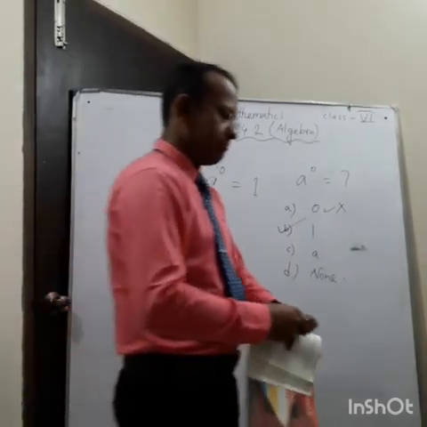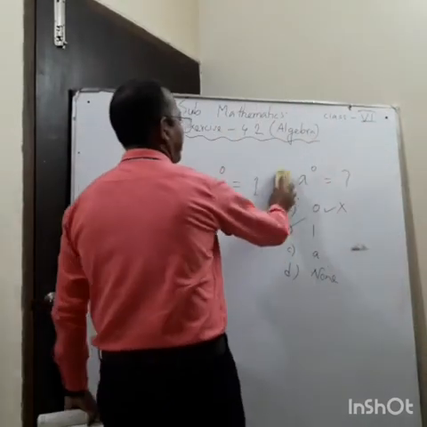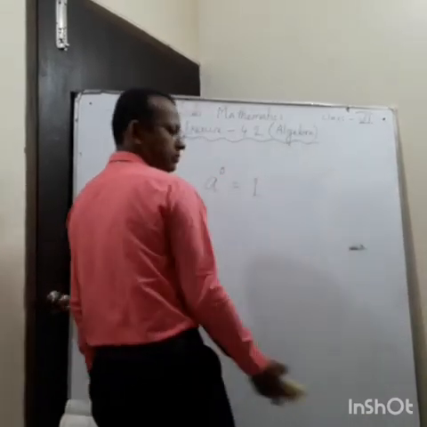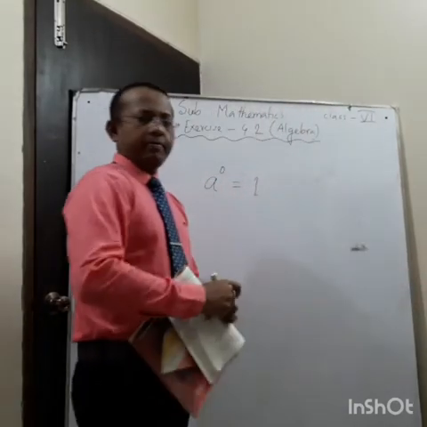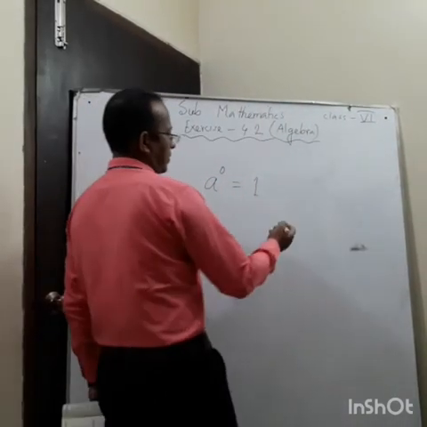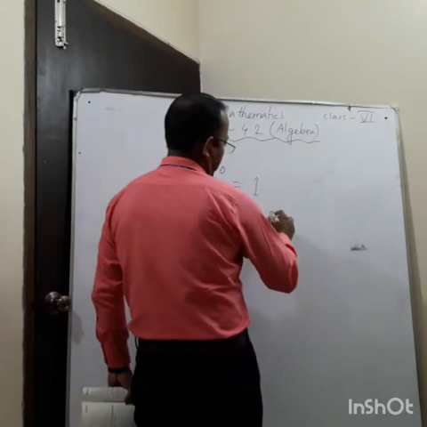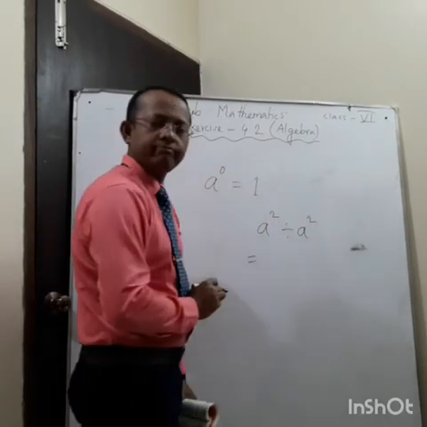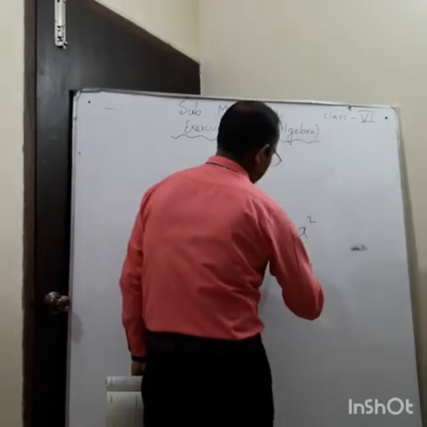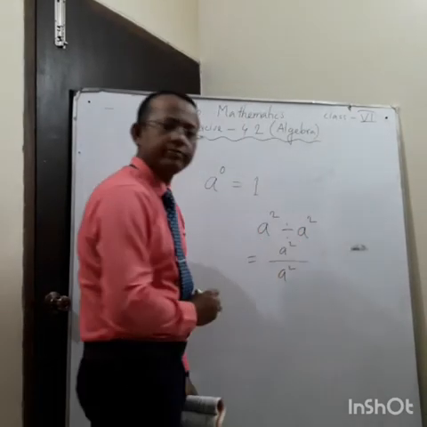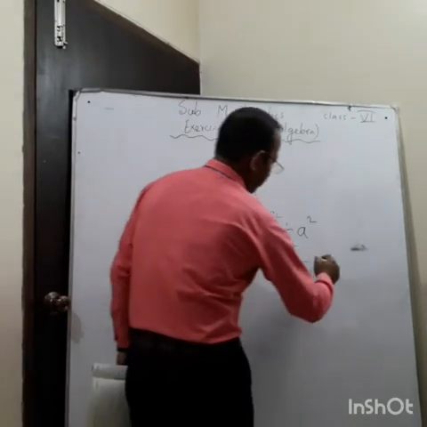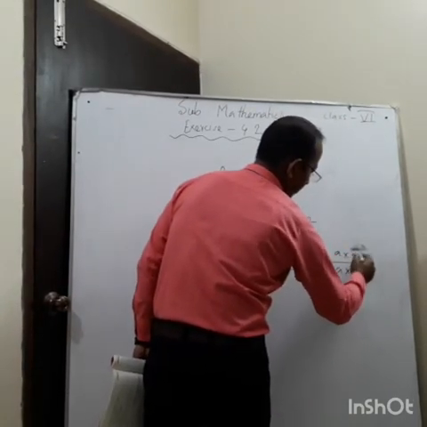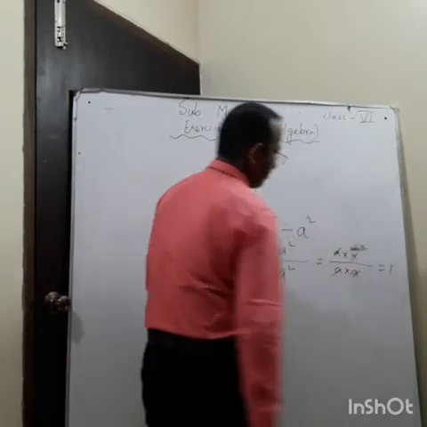How? First, a square divided by a square equals a into a divided by a into a, equal to 1.